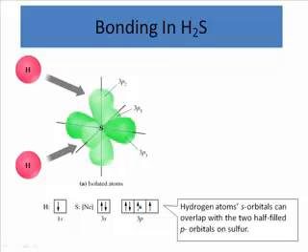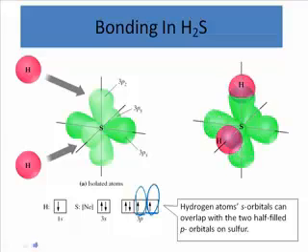You see two of the 3p orbitals have one electron each in them, and so the hydrogen is able to overlap these two orbitals to form our molecule. Okay, and so that's what we mean by orbital overlap. That's our model of a covalent bond.